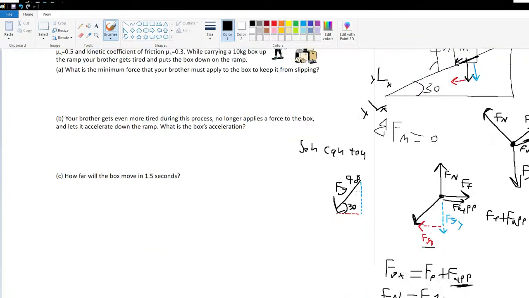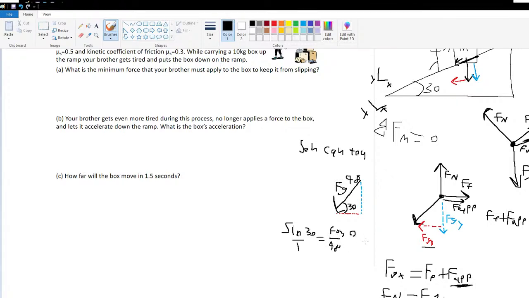Okay, and then we're solving for opposite. I'm really bad at trig, so if I mess this up, someone please correct me. Sine of 30 over 1 equals the opposite, so that's our force of gravity in the y direction over hypotenuse, which is 98.